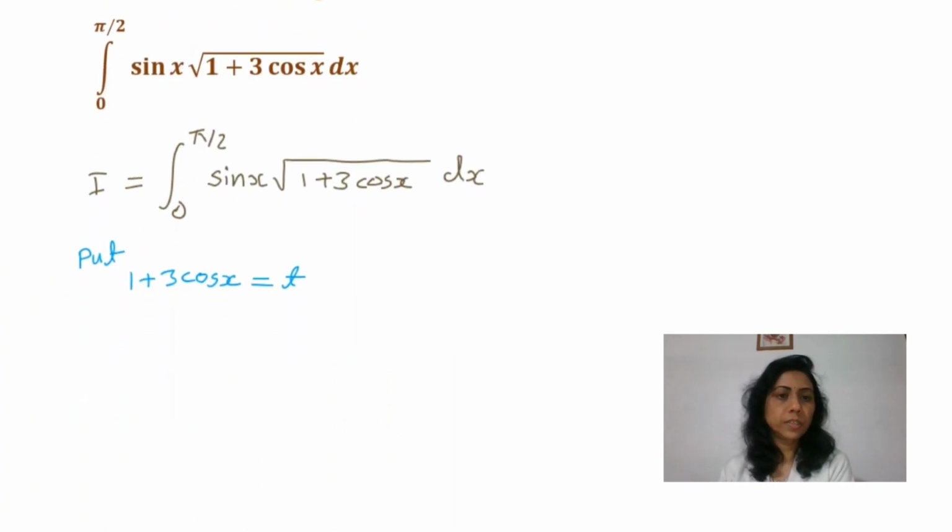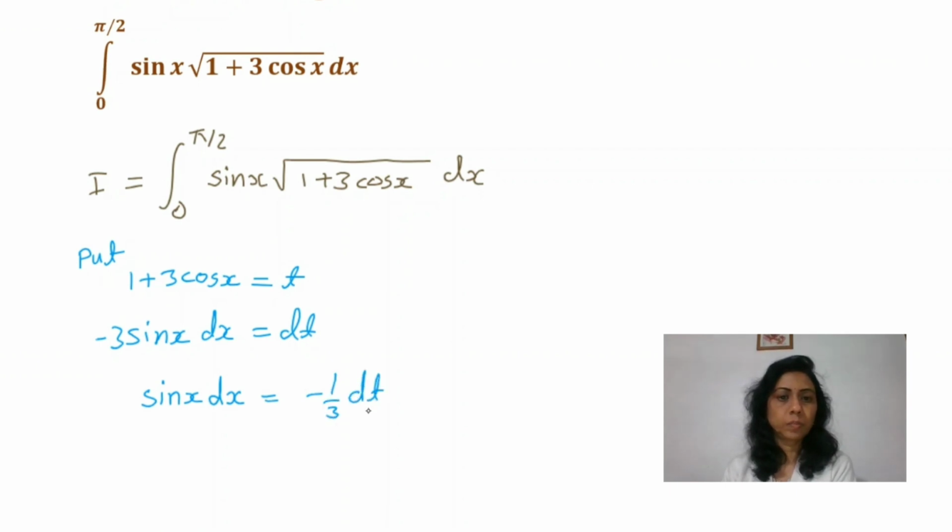When we differentiate, we get negative 3 sin x dx is equal to dt, because when we differentiate cos x, we get minus sin x. So sin x dx is equal to minus 1 upon 3 dt.